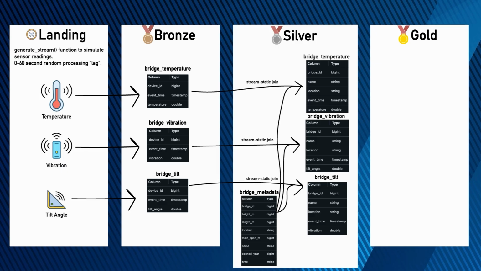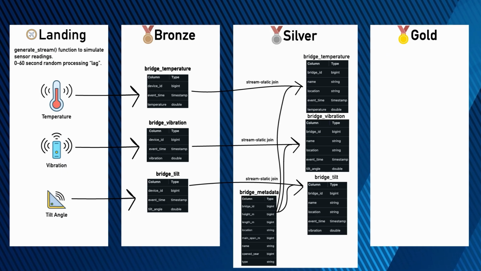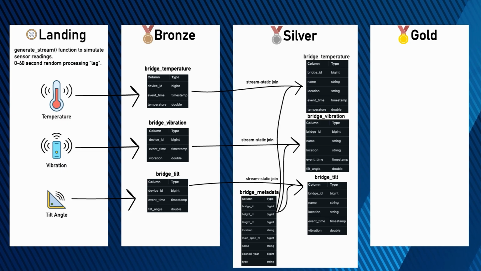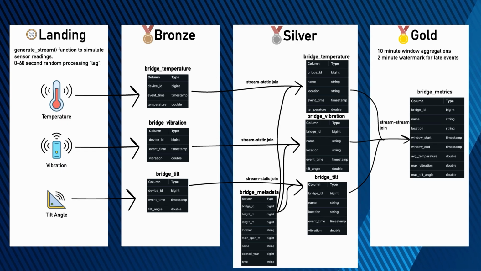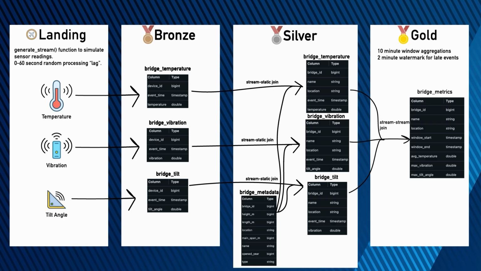This gives us 3 clean, self-describing streams, with metadata attached, and any bad rows will trigger a warning or be quarantined. In the gold layer, we bring everything together in a single consolidated table.